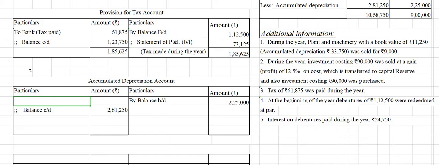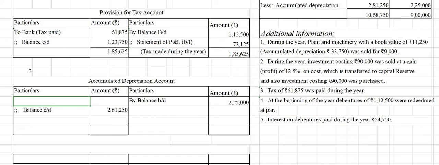So you have prepared it in the last year's depreciation chapter. There you had prepared the accumulated depreciation account, and where the machinery is sold, you have deducted the depreciation for that machinery sold from the accumulated depreciation account.